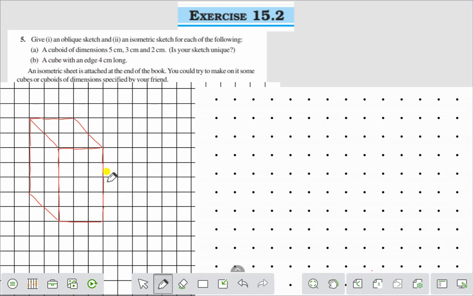That means here this is 3 cm, this is 3 cm, this is 3 cm, and this is 5 cm, this is 5 cm, and this is 2 cm, 2 cm.